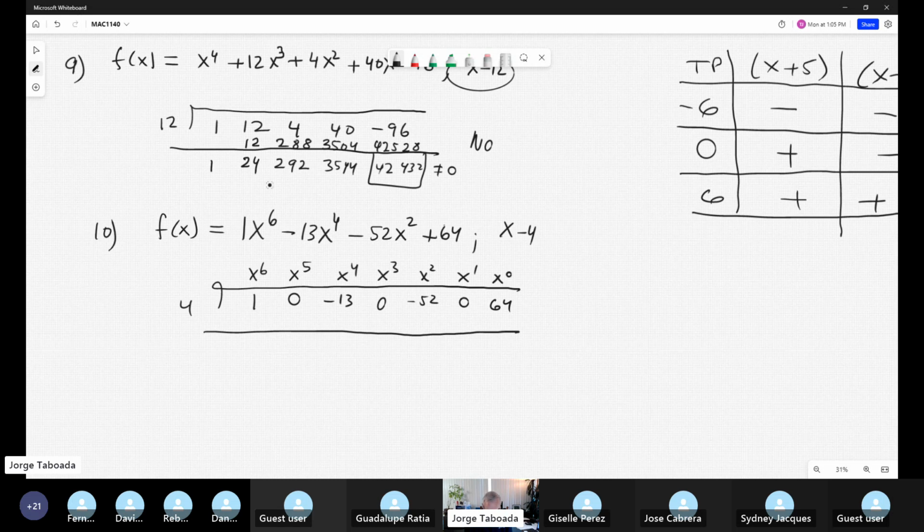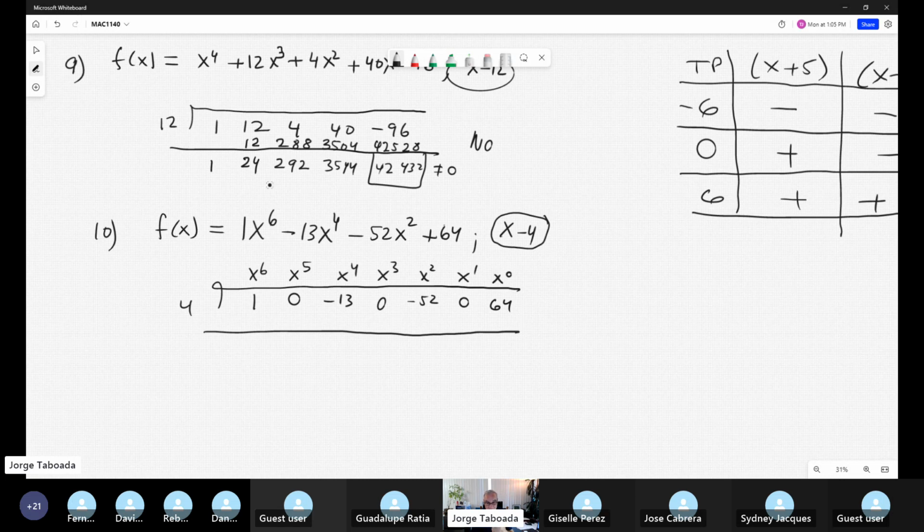But be careful. Long division is universal. You can divide any polynomial by any polynomial, doesn't matter the degree. Synthetic is particular: you divide any polynomial, but only by a linear polynomial, degree 1. So you apply it only when the degree of the denominator is 1. So in this case, x minus 4.